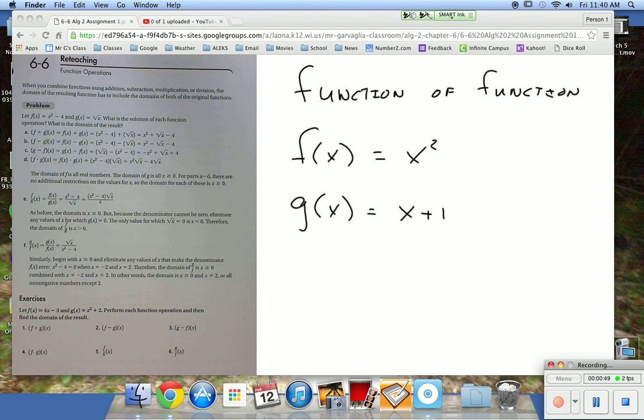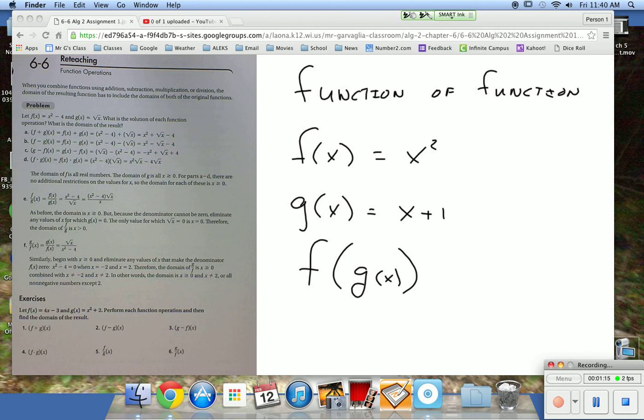They're two different functions, f of x and g of x. What we're going to learn is called a function of a function. We're actually taking one function and putting it into the other one.